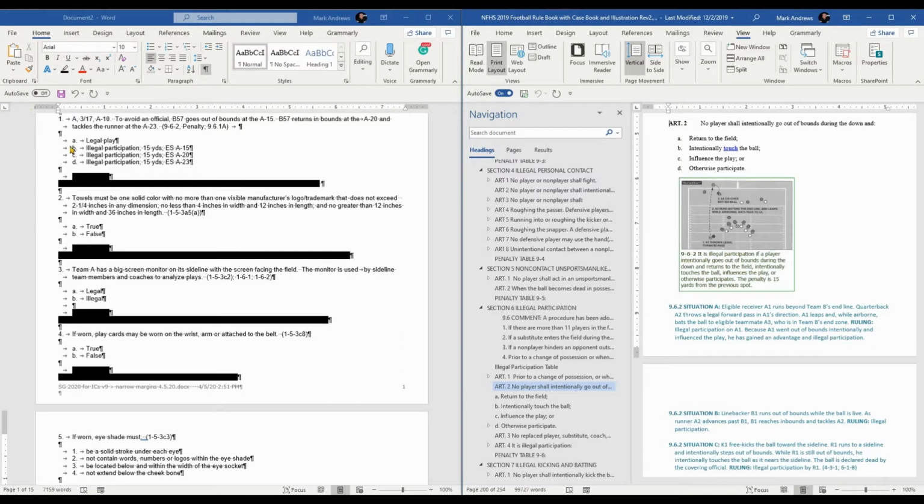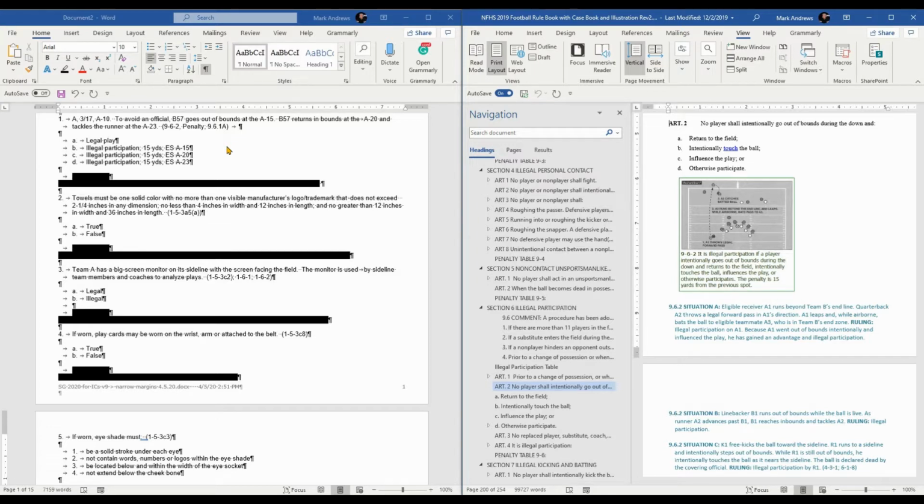Now, you can see by the answers, first answer, legal play, no. Now the question is, where's the enforcement spot? Do we enforce it from where he went out of bounds, where he came back on the field, or where the play ended? Now, we haven't talked about penalty enforcement, but there are 2 types of plays. There's a loose ball play, which includes passes and kicks, and a running play, which is basically anything that isn't a pass or a kick.